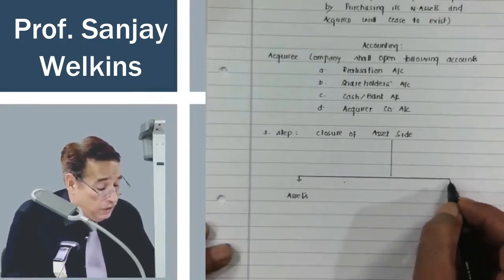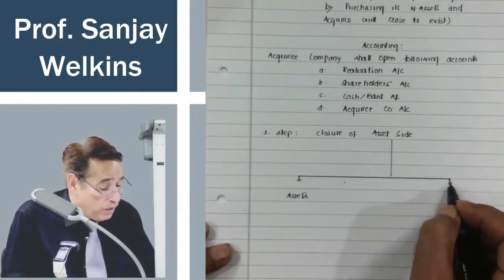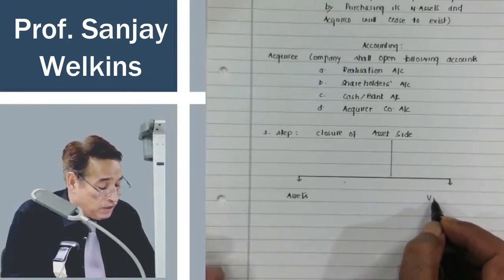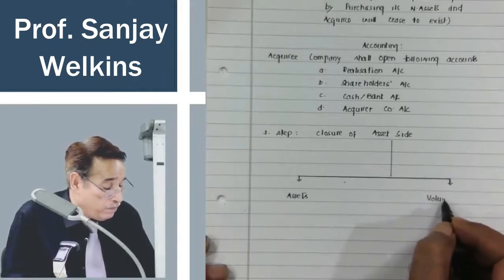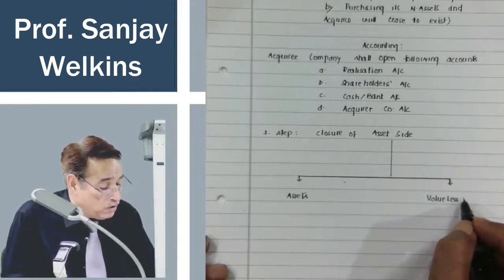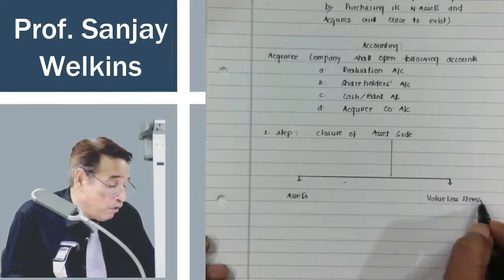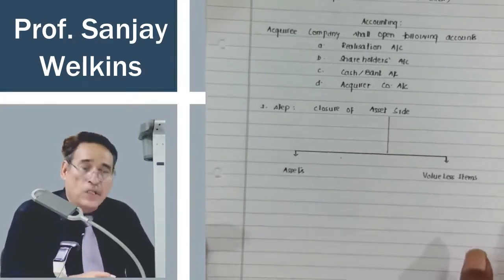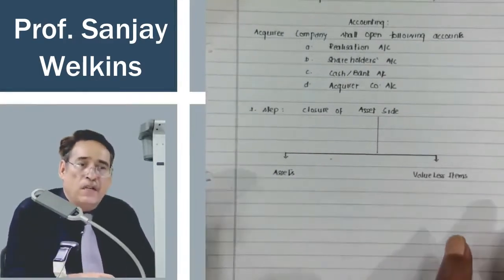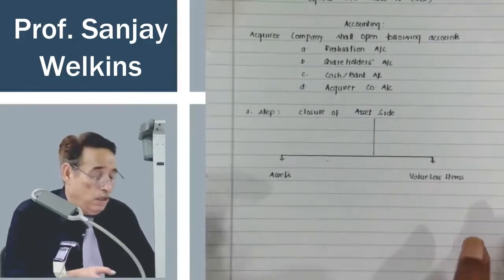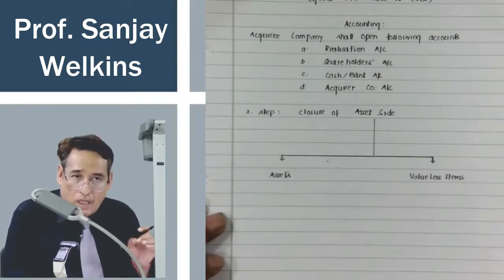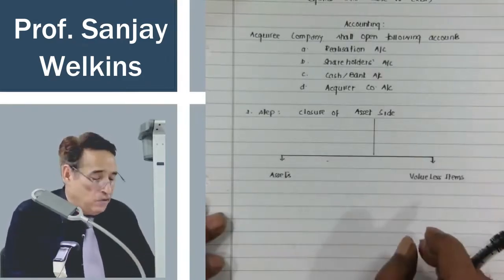Whereas the asset side not only includes assets, but also some items which, for simplicity's sake, I will call valueless items. There is no such term; this is just for simplicity. For example, items like preliminary expenses, underwriting commission, discount on issue of debentures, etc. These appear towards the asset side, especially under other non-current assets or other current assets.